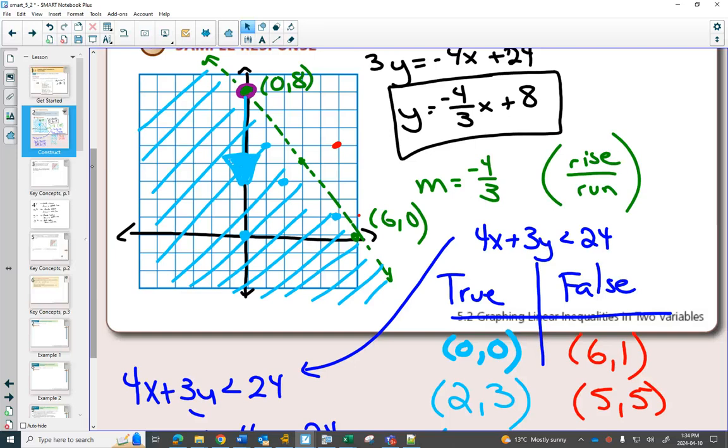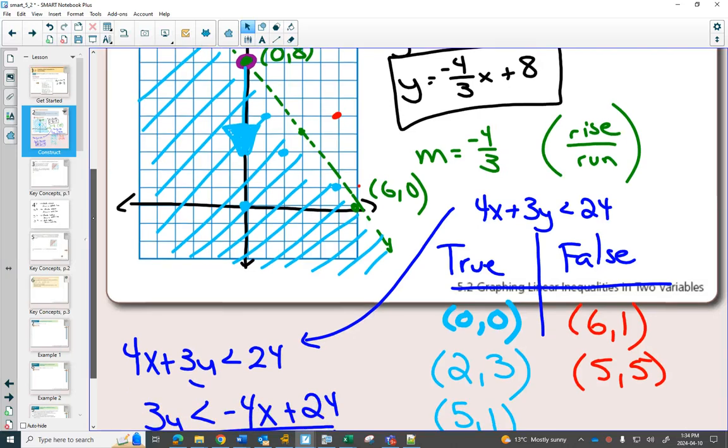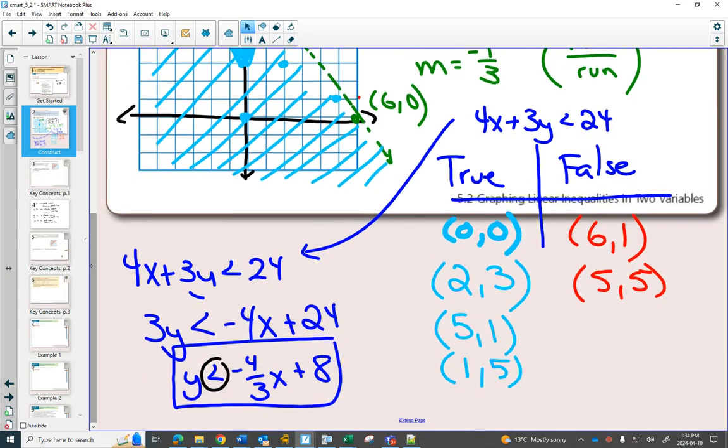They'll also tell you that if something is true in a region, everything is going to be true in the region. So what we did to begin with is you actually found 6 test points, is what they're called. You plugged in 0, 0. Did it work? Yes. And since this point worked, everything in that whole area could be shaded and you're done.